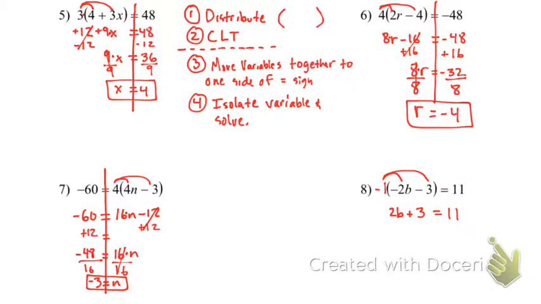All right, and now we're going to isolate. Sorry, I forgot to put my line in. We're going to isolate the b. To isolate the b, we've got to get rid of the 2 and the 3. So we're going to get rid of the 3 first because of addition. The opposite of addition is subtraction.